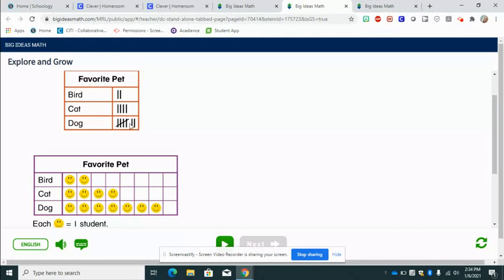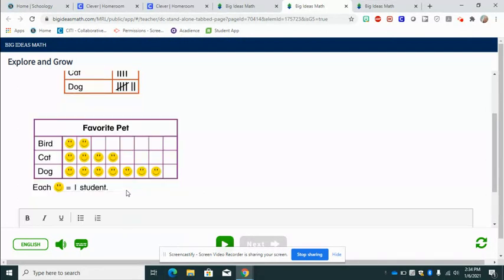So 7 students chose the dog as their favorite pet. And if we look at the picture graph, 1, 2, 3, 4, 5, 6, 7 students also chose dog. So the picture graph and the tally chart have the same amount in each one.